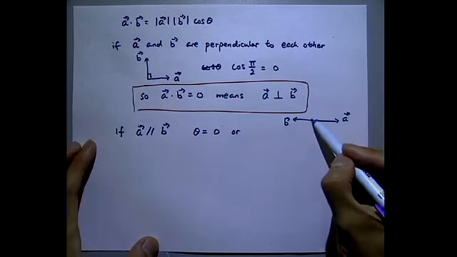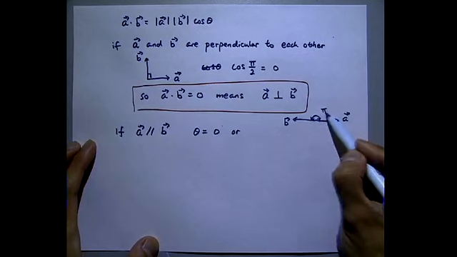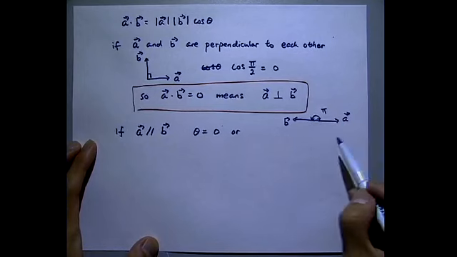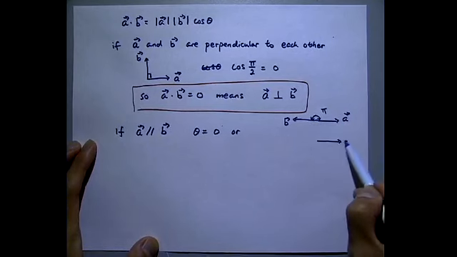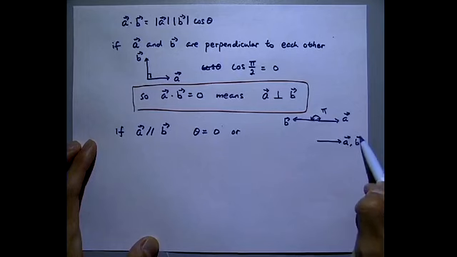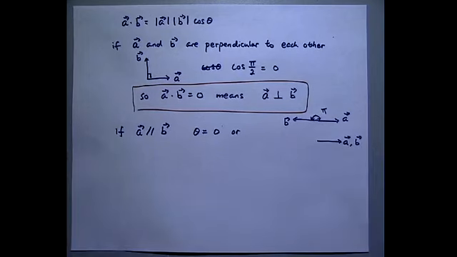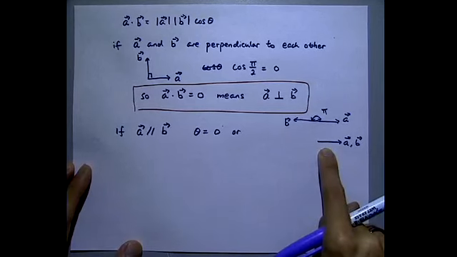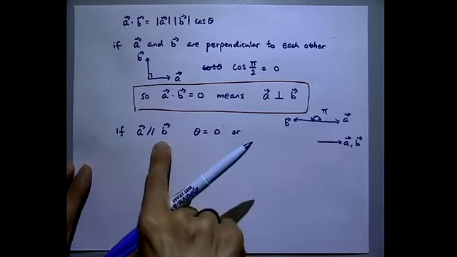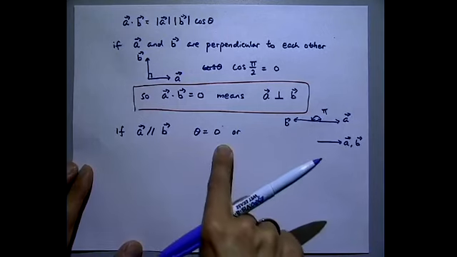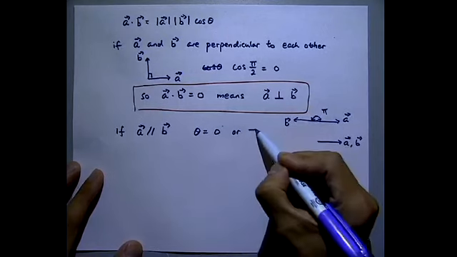And the angle between them is pi, right? Or you can have A and B just lying right on top of each other. And therefore, the angle between them is 0. So when you get two parallel vectors, you get 0 for theta or pi.